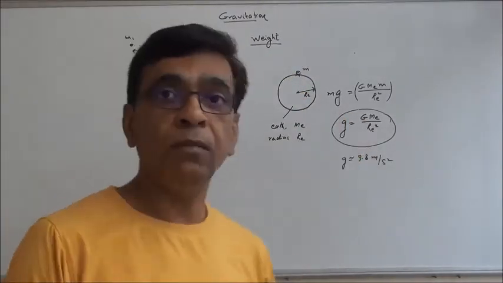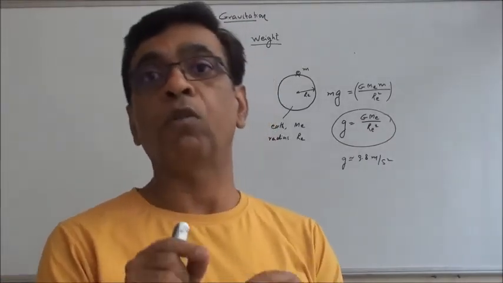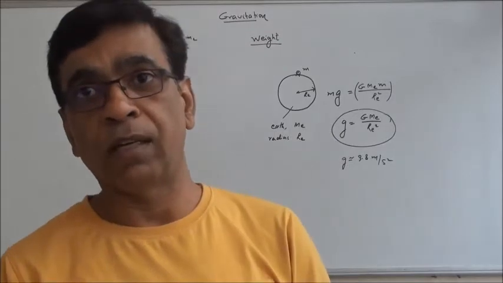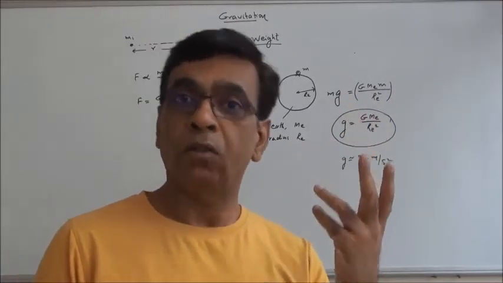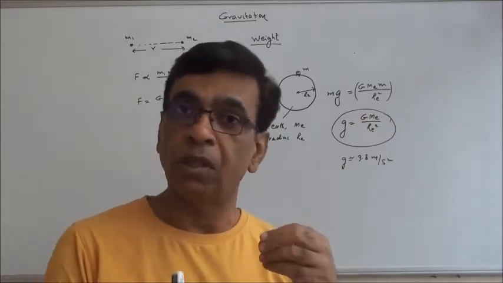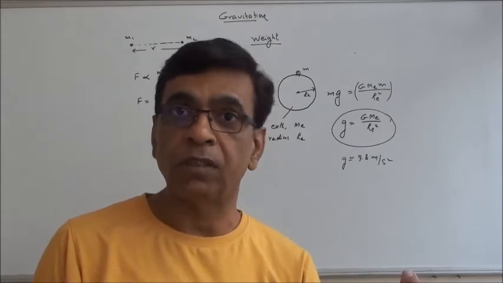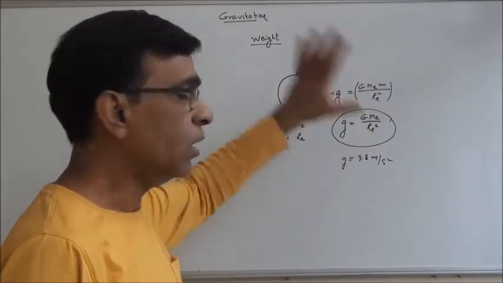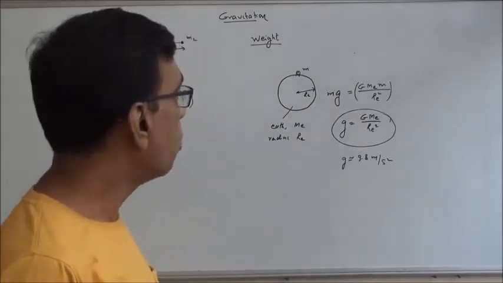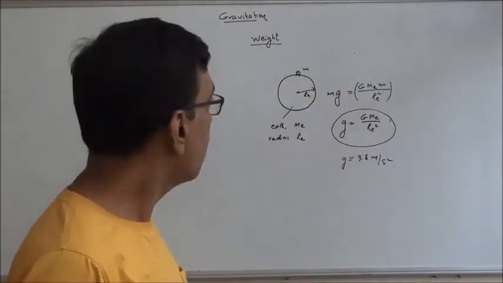We will take into account all these things, that Earth is not flat, so the value of g will change. Same way, Earth is rotating about its own axis, so that will also affect the value of g. For the time being, you take g as 9.8 meter per second square.